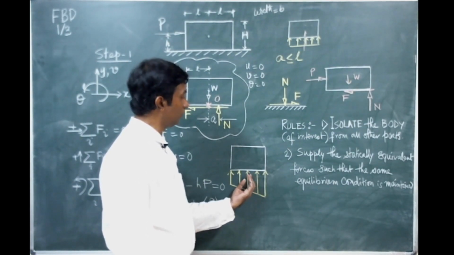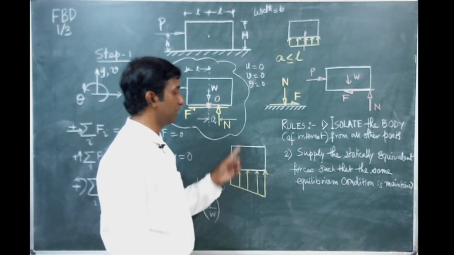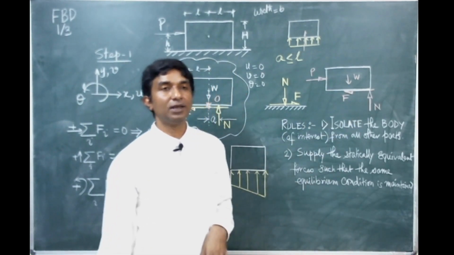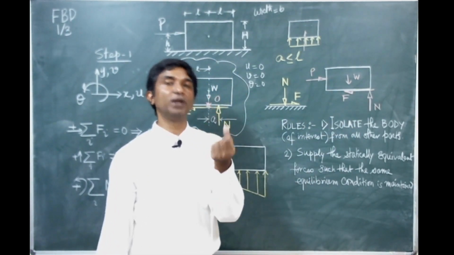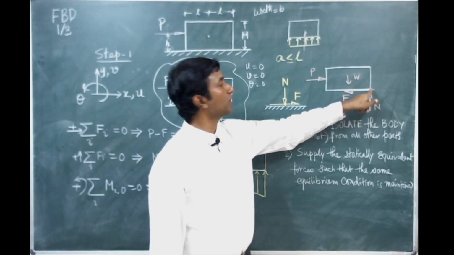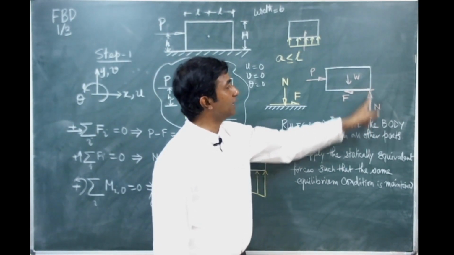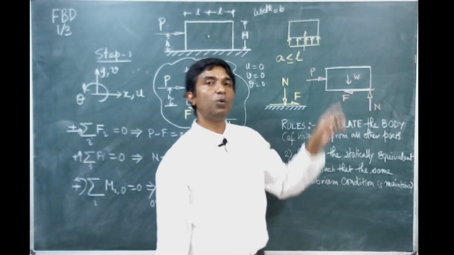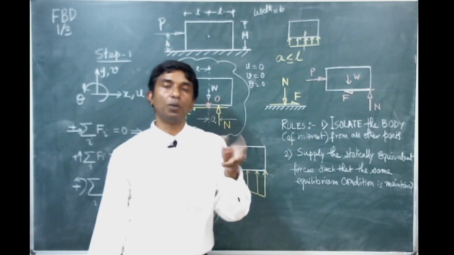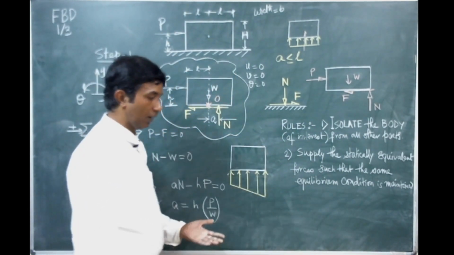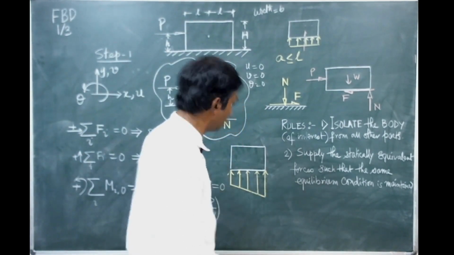When you consider a equals L, that means you basically assume that there is only one point of contact, a single point of contact, that is the vertex. So the whole N is acting at that point, F is also passing through that point. That means this body is on the verge of toppling. So beyond that point we are not allowed to go, because this discussion won't be valid at all.